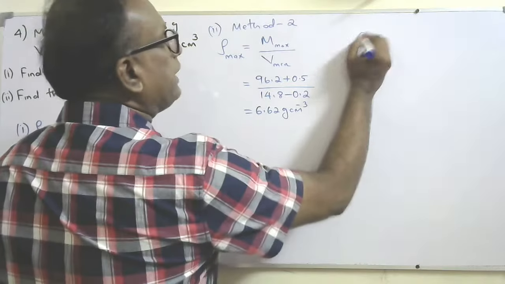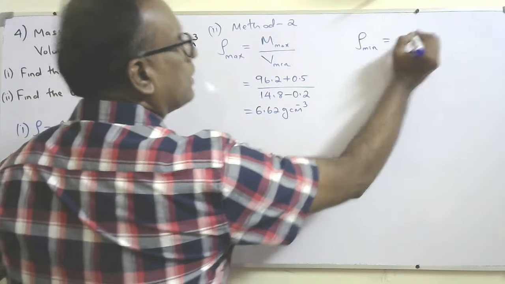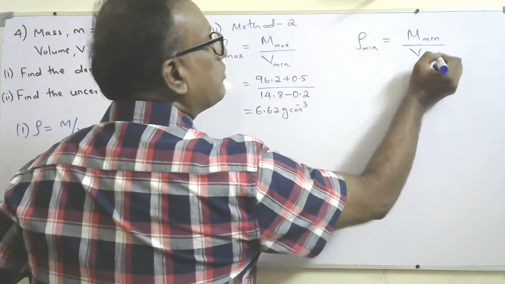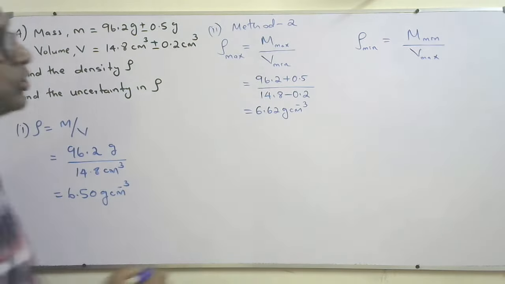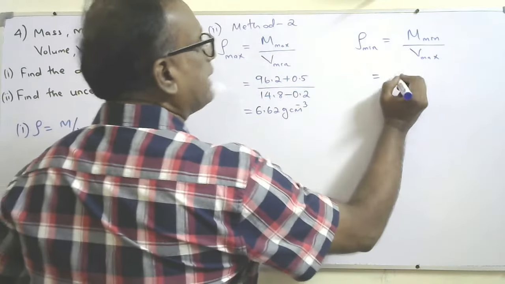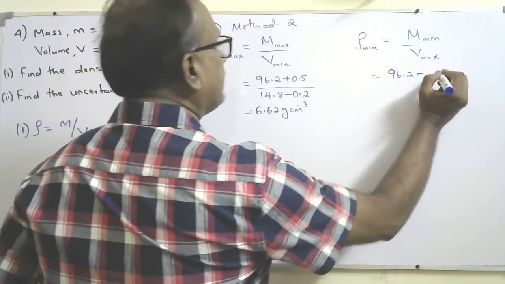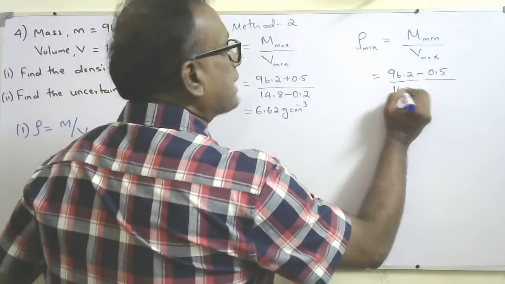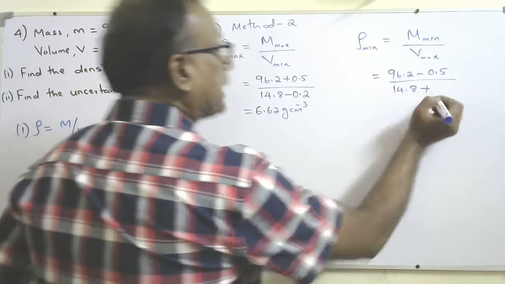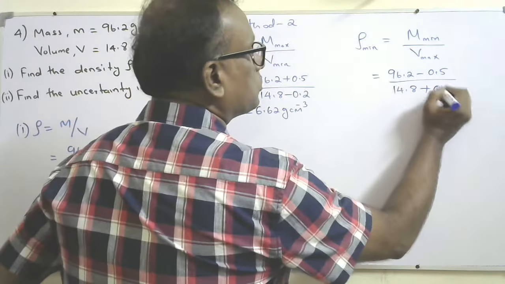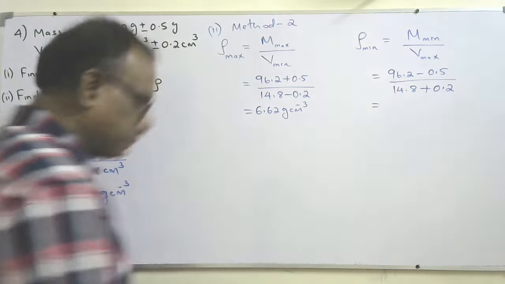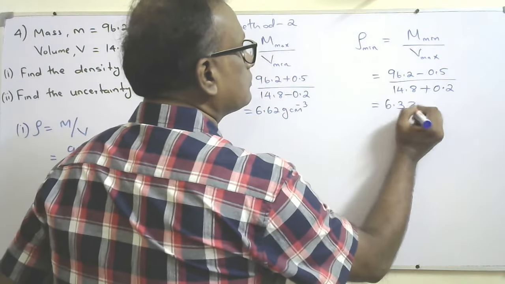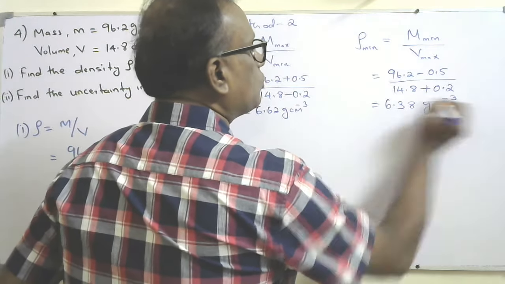Then we find the minimum value, where we use minimum mass over maximum volume. How to find the minimum mass? 96.2 minus 0.5 divided by the maximum volume, 14.8 plus the uncertainty 0.2. So the minimum density will be 6.38 gram per cm cube.